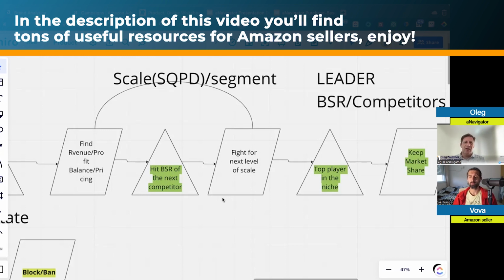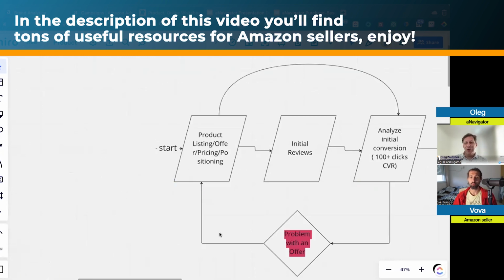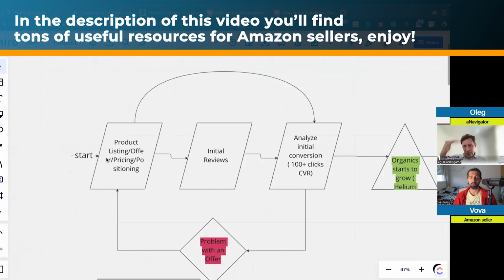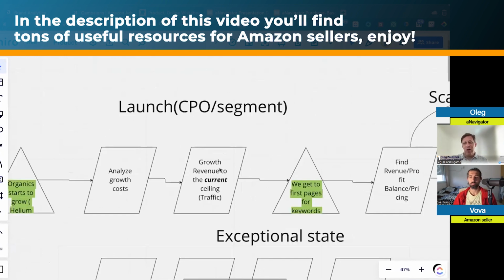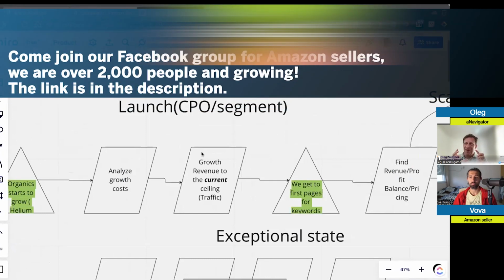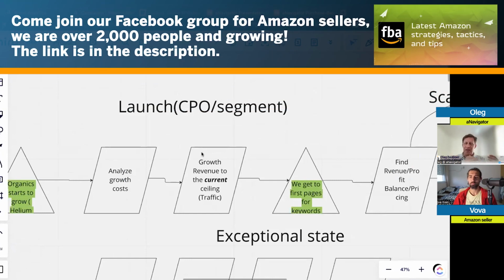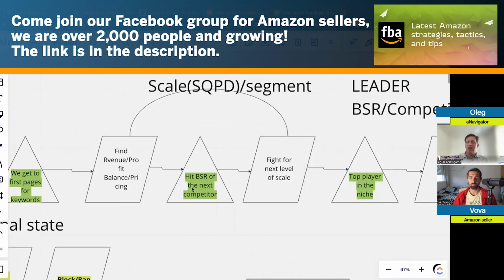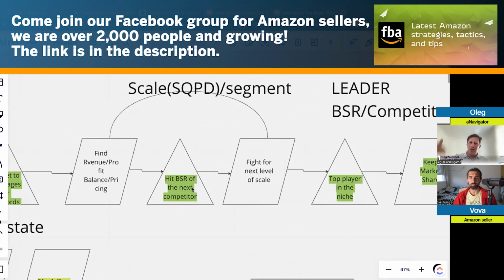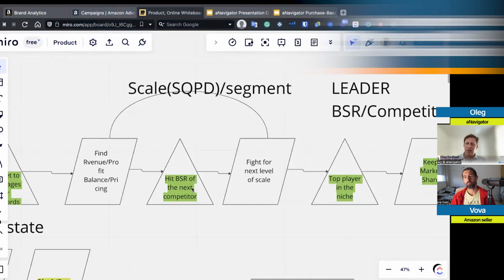So again, we can make our pricing more aggressive and see how our CPO, cost per order, looks with this pricing, because we get less margin, but is it still scalable? Then we can hit this guy, outsell him as well, and get his placement.